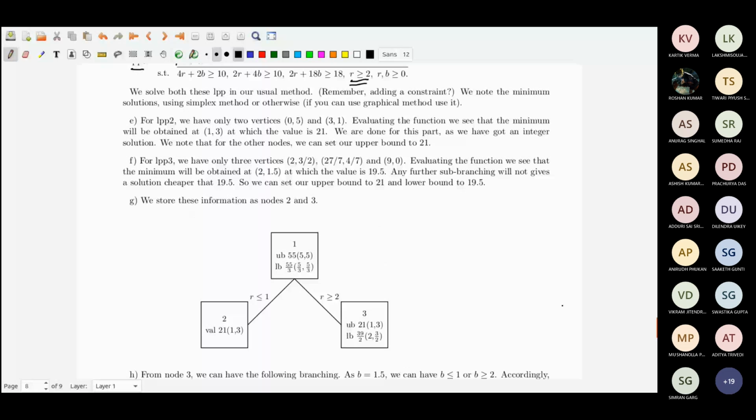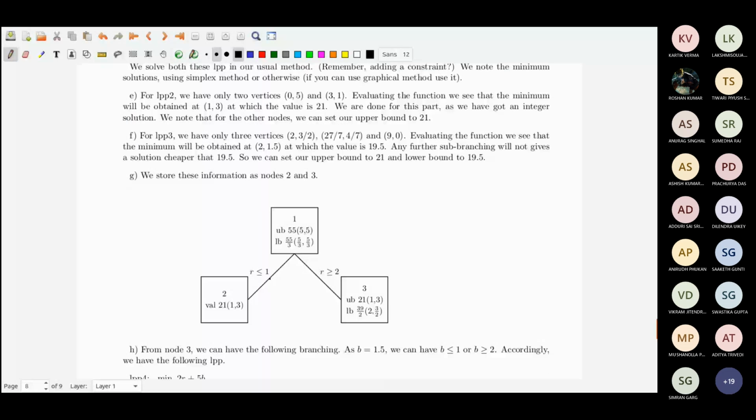Yeah, so then this is 19.5 only, right? This is correct. This was the R less than equal to 1. And here I have not written any upper bound, lower bound, because I have got a minimum value at integer points, just the value. And now I have used upper bound equal to 21 because I already know that I have found one integer feasible point at which the value is 21.